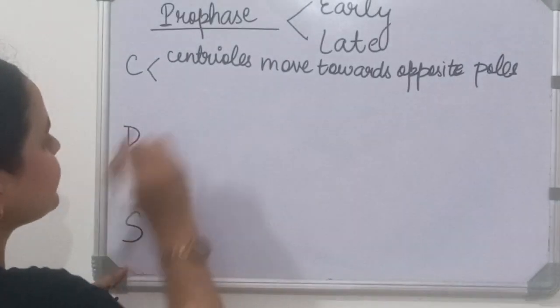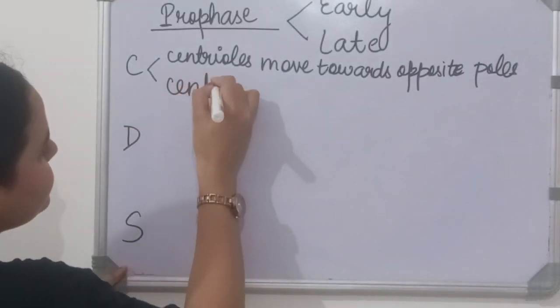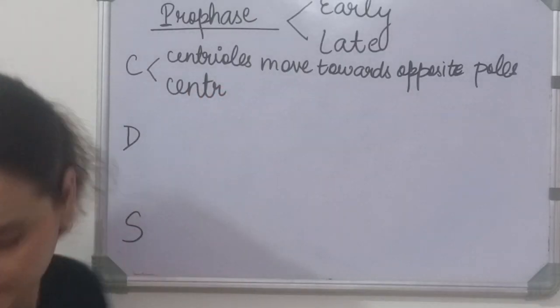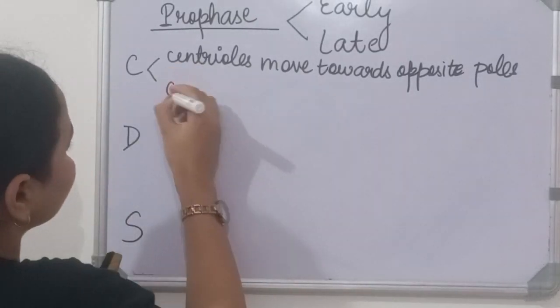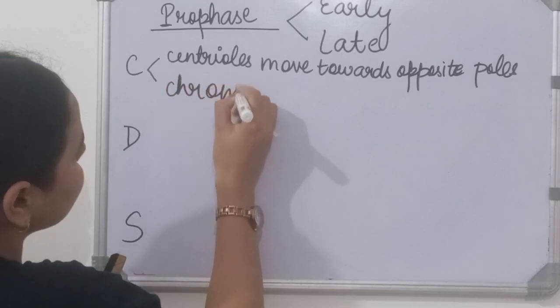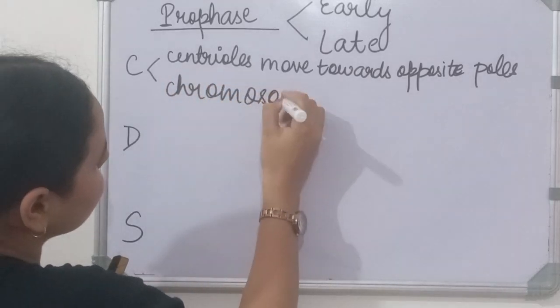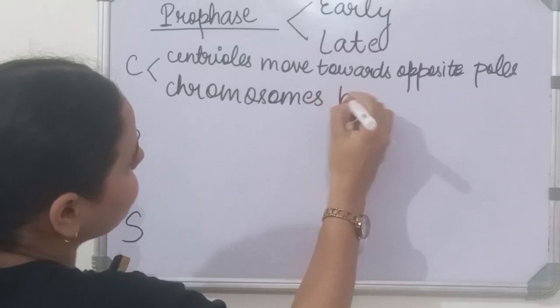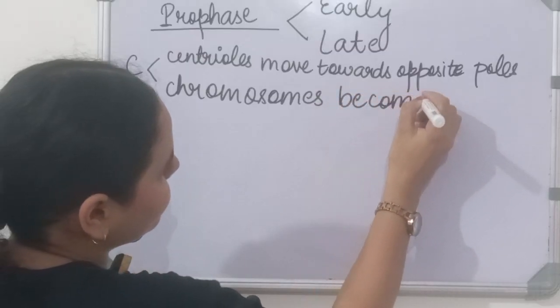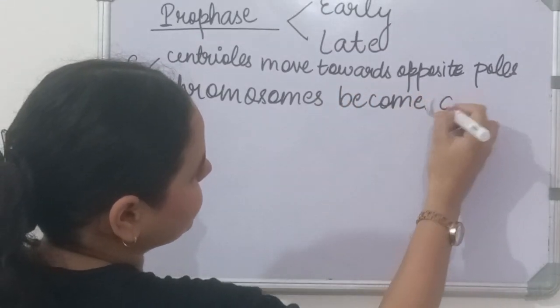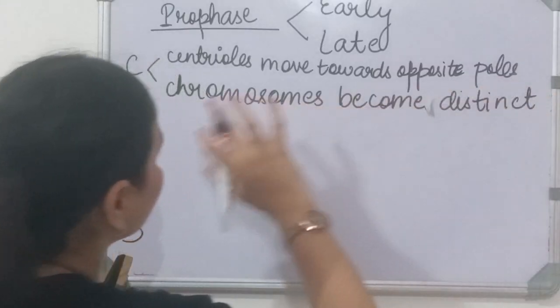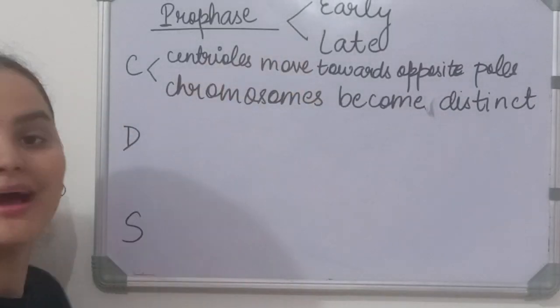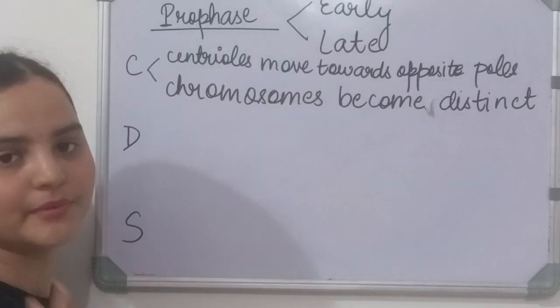Then the next is chromosomes become distinct. Okay, through diagram I will explain these points very simply, don't worry.